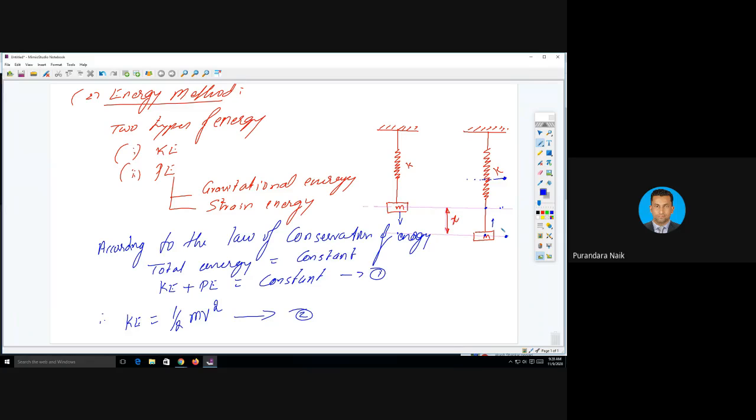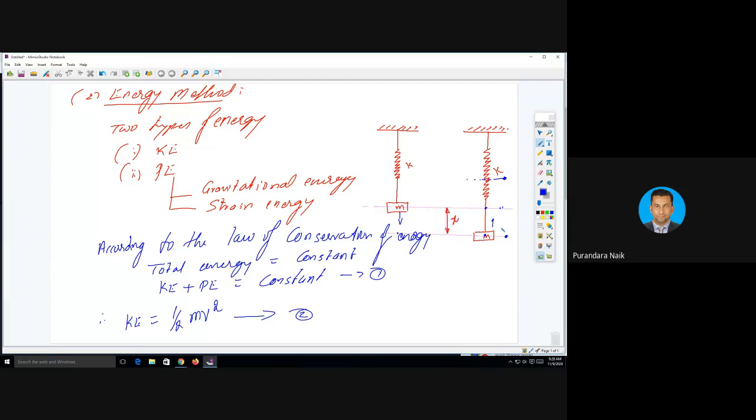You should know what the kinetic energy is at the equilibrium position and the extreme position: at the equilibrium position it is maximum, and at the extreme point it is minimum or equal to 0. Please remember this. This is very, very important.